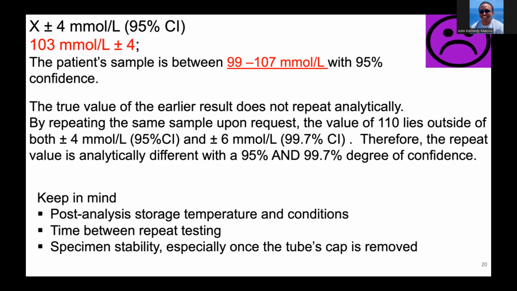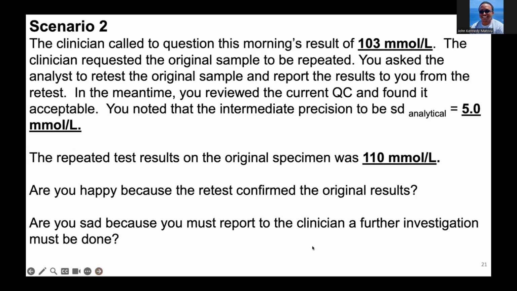You have to make sure that your pre-analytical, analytical and post-analytical processes are all solid, because you may face a scenario like this. If you don't monitor the temperatures in your fridges and they're not up to scratch, your sample could deteriorate in the interim and you might find that you have a wrong result. So very important to keep those things in mind. Quality is about the whole system.